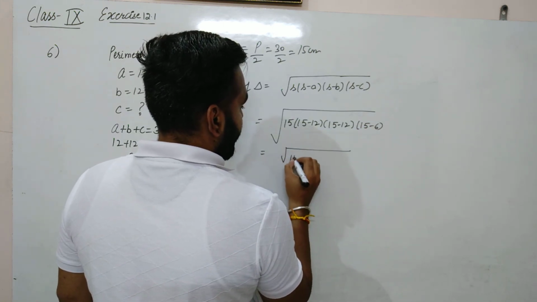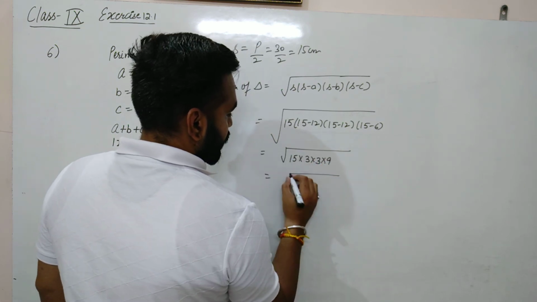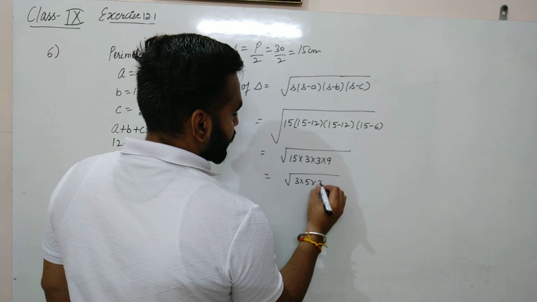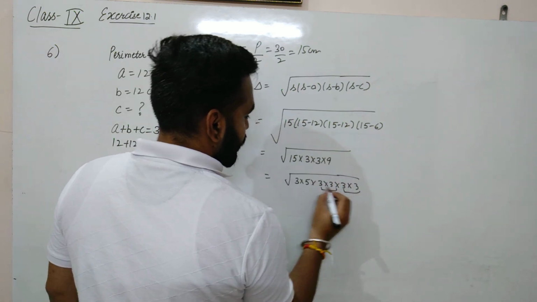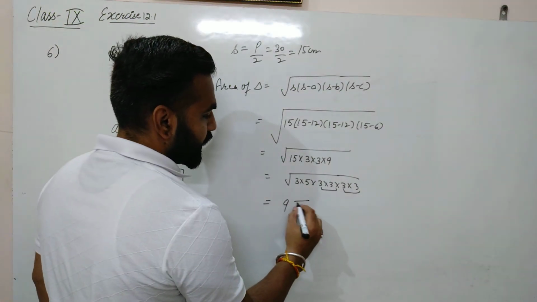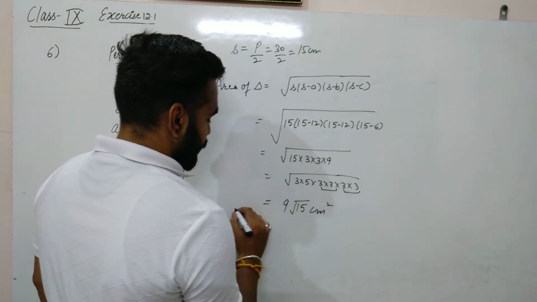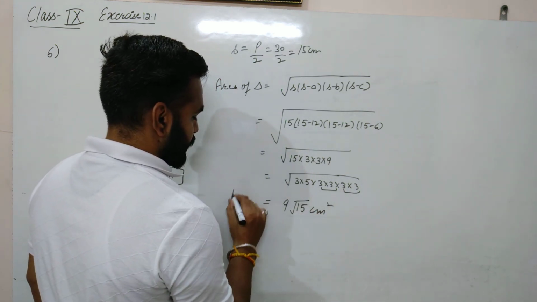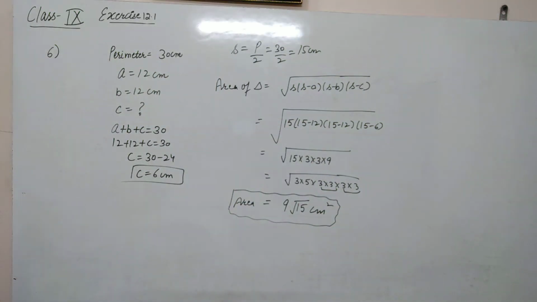So this is 15 into 3 into 3 into 9, 3 into 5, 3 into 3 into 3 into 3. 2 pairs of 3. So 9 will come out from square, and 3 into 5, 15 centimeter. So this was question number 6.